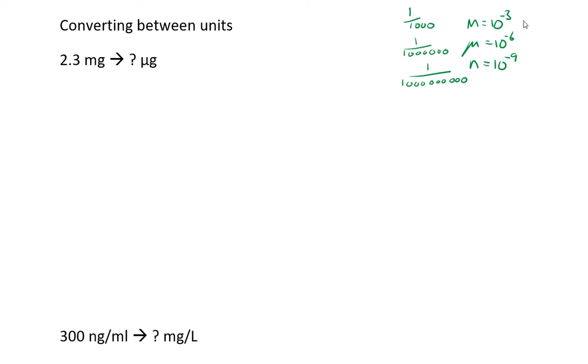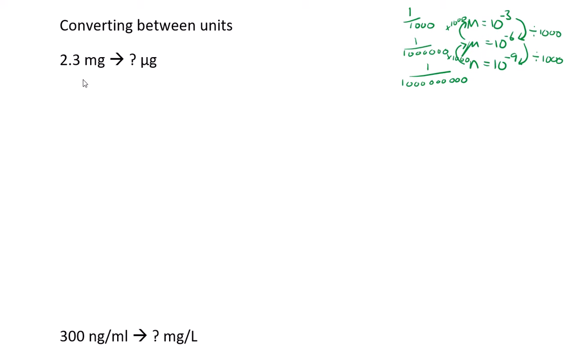So to get from milli to micro, it's 1,000 times smaller, and micro to nano is 1,000 times smaller. So there's 1,000 nanos in a micro and 1,000 micros in a milli. Okay, so milli is the biggest, nano is the smallest.